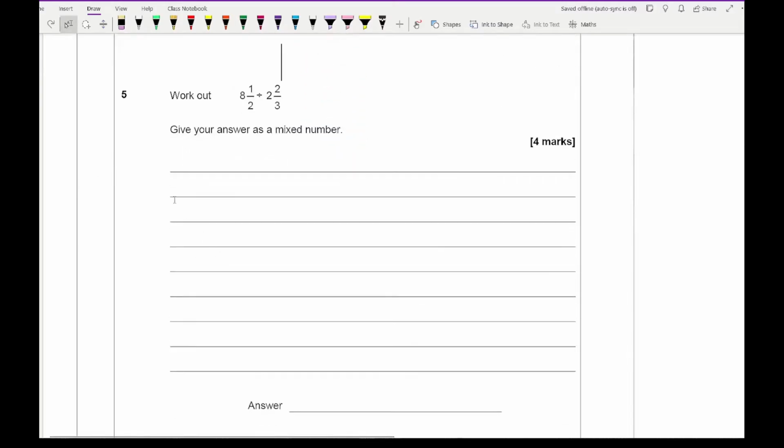Now question 5 says work out 8.5 divided by 2 and 2/3. So the first thing I want to do is convert each of these mixed numbers into improper fractions. So that's going to be 17 over 2, and 2 and 2/3 is going to be 8 over 3. So from this, what I want to do is 17 over 2 divided by 8 over 3.